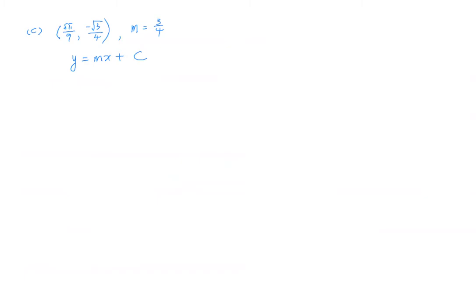Actually you have to be very careful on this. This C is exactly because point C is 0, C. So as long as I get this C, I got this C. So y, negative root 3 over 4, equals 3 over 4 times 5 pi by 9 plus C. So therefore your C is negative root 3 over 4 minus 5 pi over 12.